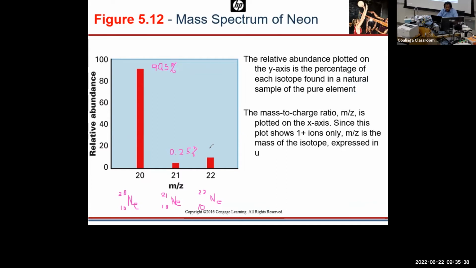Neon-22 makes up 9.25%. Okay, now that's going to represent a total of 100%, because we know 100% is everything, right?